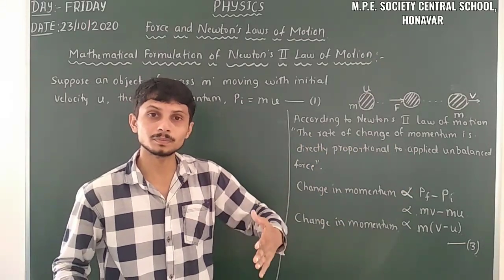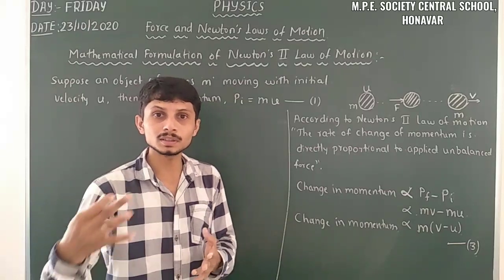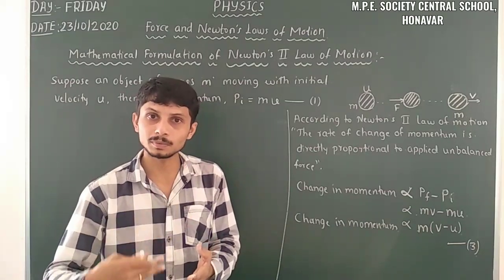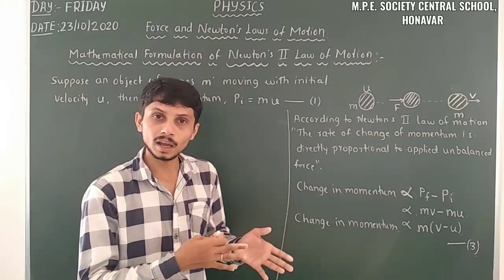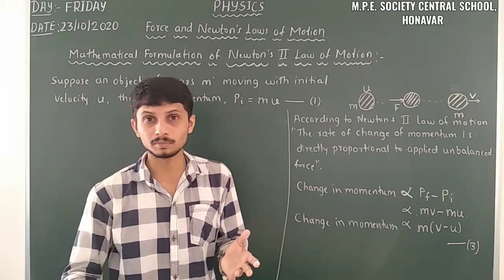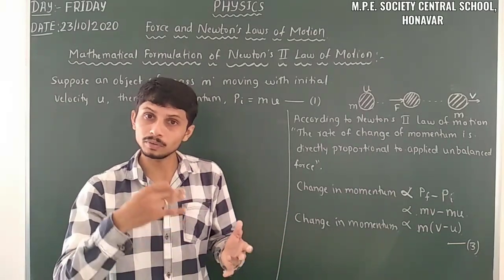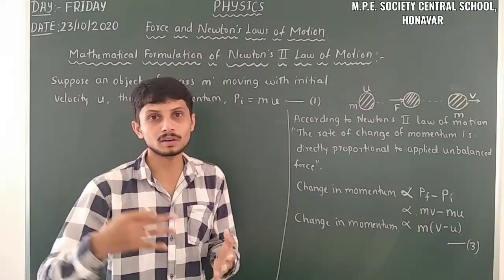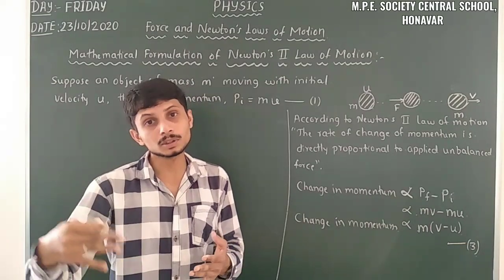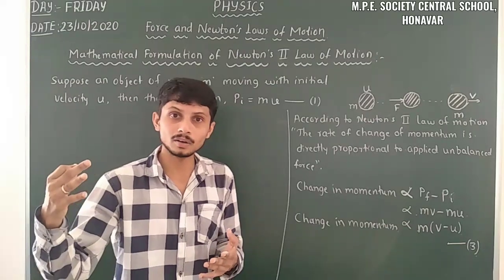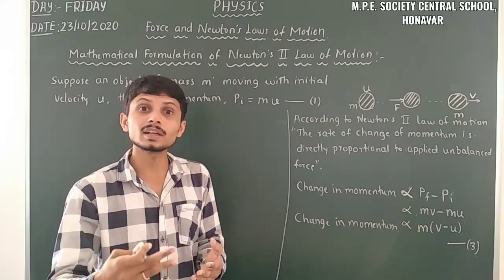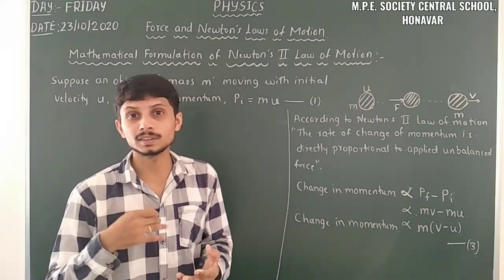For example, the rate of change of displacement means velocity, displacement by time. When we divide distance by a time interval, we consider it speed, the rate of change of distance. Also we have acceleration, the rate of change of velocity.